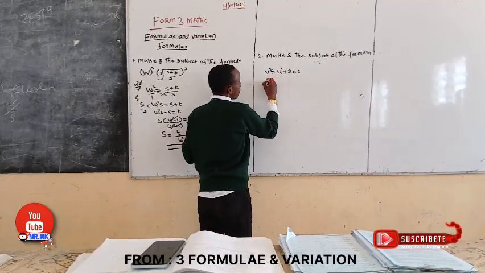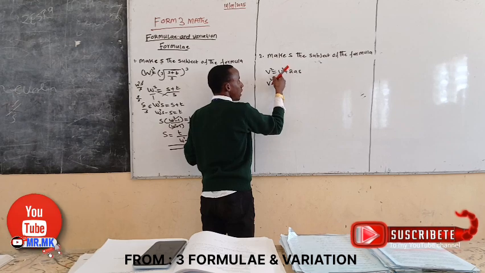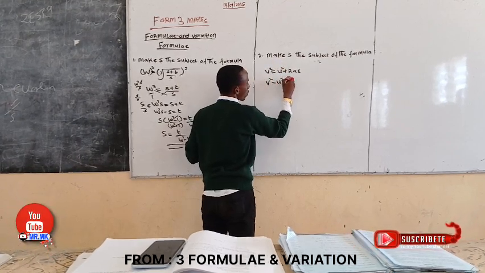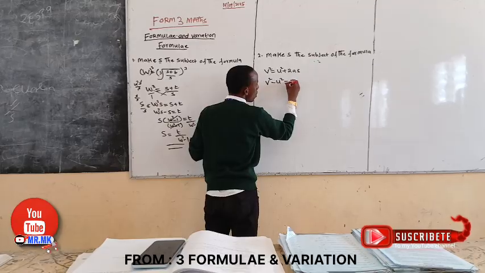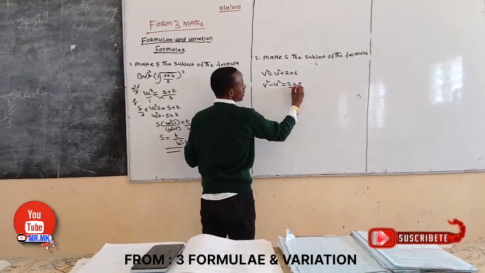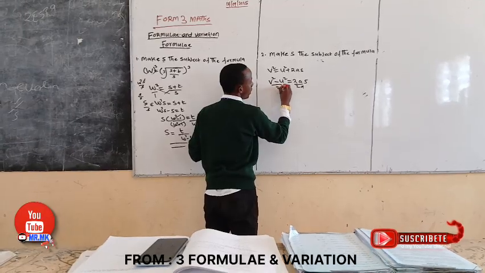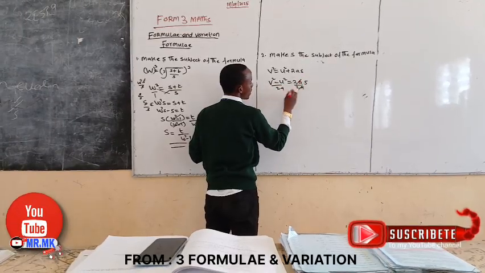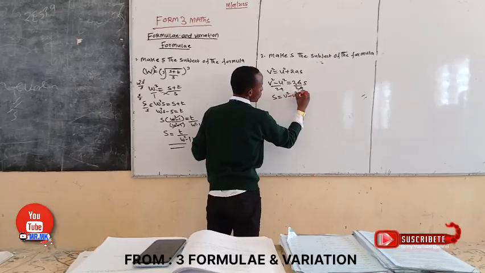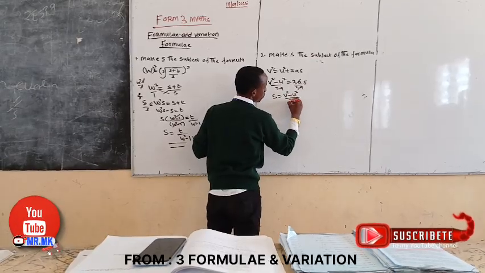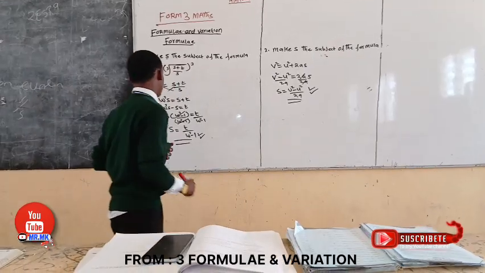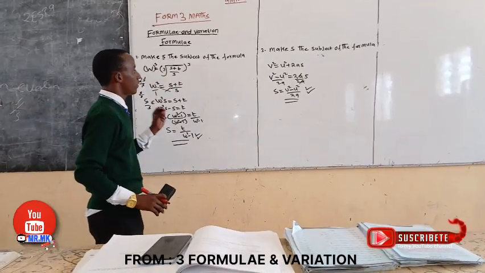If it is just v square, it is a positive u square; if it crosses to the other side, it will be a negative u square. v square minus u square is equal to 2as. I want to remain with s alone, so I just divide by 2a, divide by 2a. The 2a will cancel. My s will be v square minus u square over 2a. By doing this, you are very correct and you have got your questions very well.